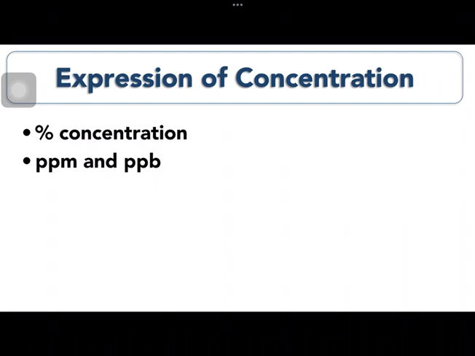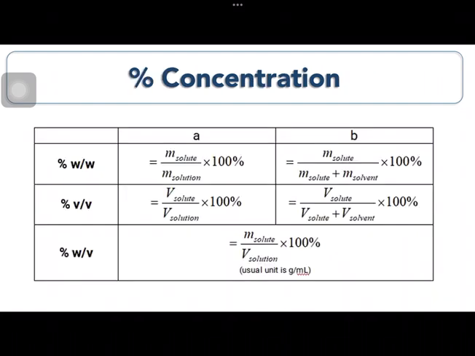Okay? So per percent concentration, we can actually divide it into two. We have percent mass over mass or percent by mass. This one is percent by volume. And the other one naman is yung tinatawag nating weight per volume. Pero dito na lang tayo magfo-focus sa dalawa.